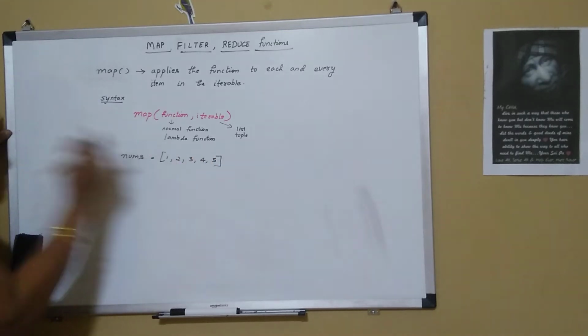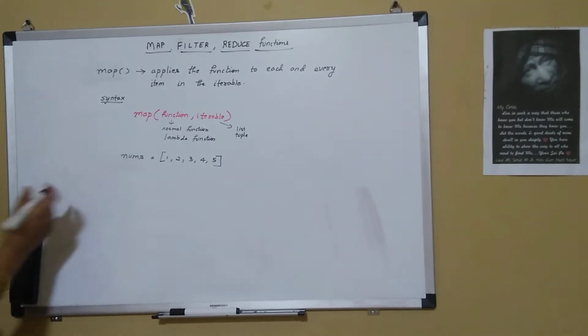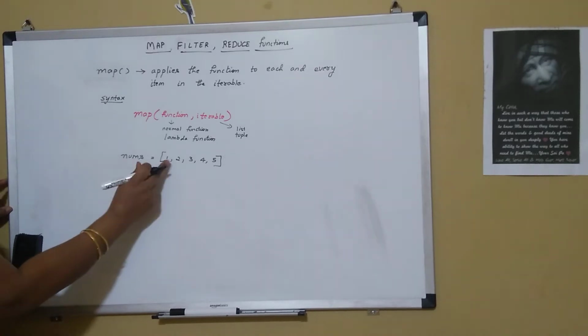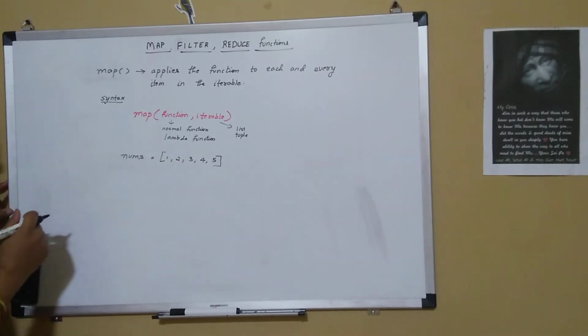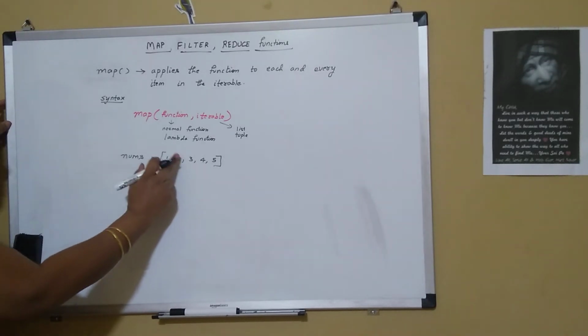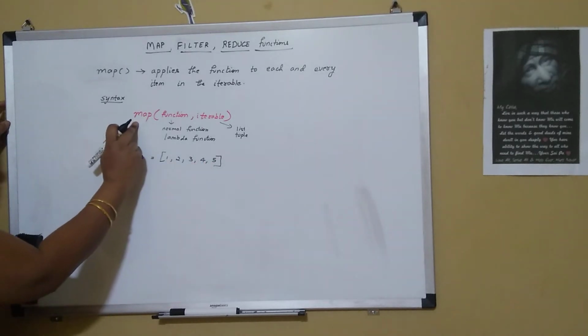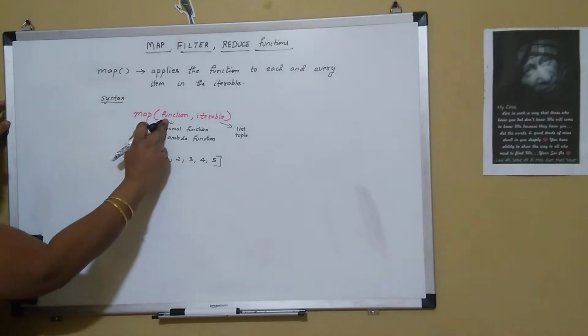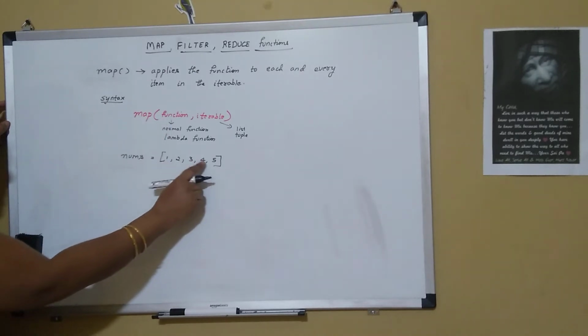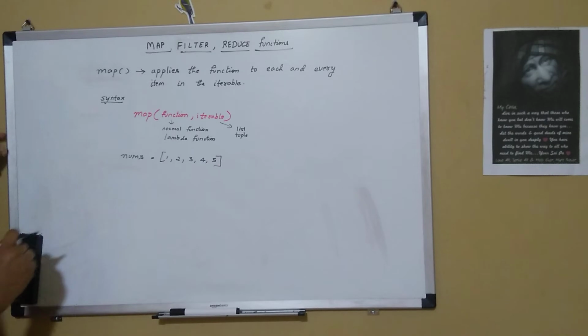So this is an iterable. And now let me say I have to find out the square of each and every item in the list. Not only one item, but each and every item in the list. So in that case, we go in for the map function where the function is applied on each and every item present in the list.